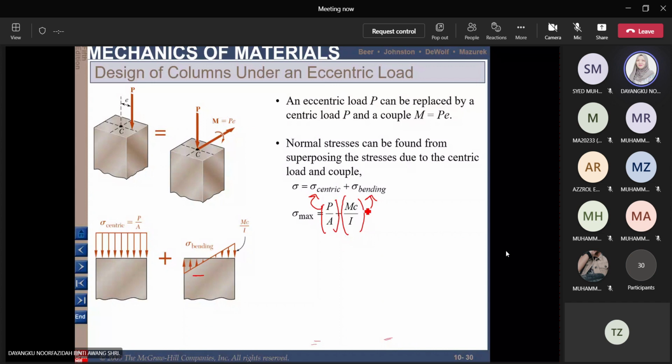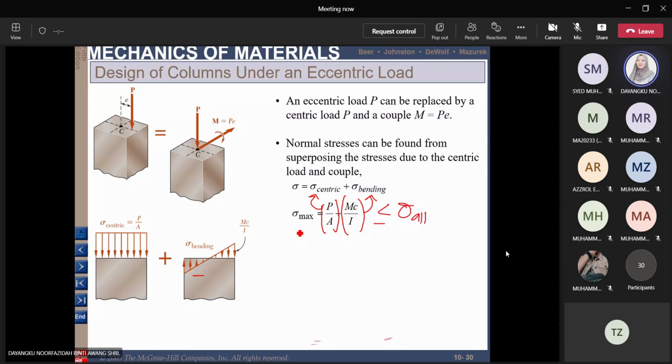In the eccentric loading, the maximum stress must not exceed, so must be less than or equal to, the allowable stress. This is the main principle.